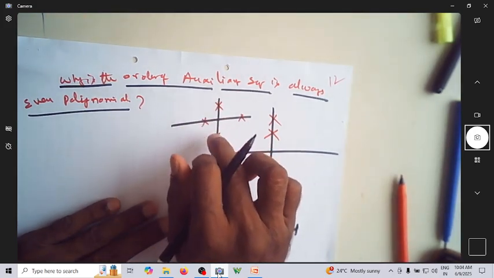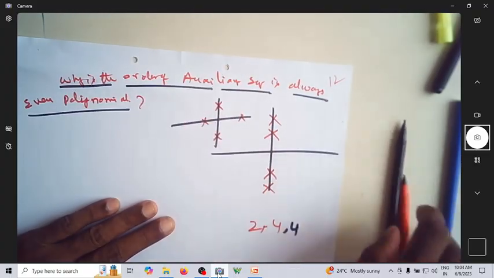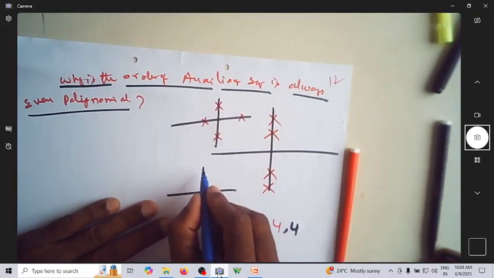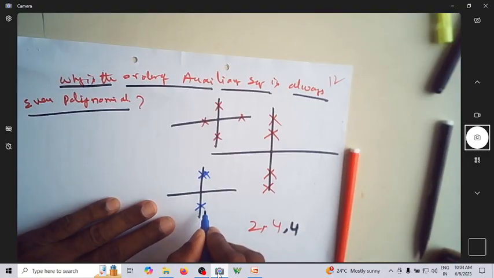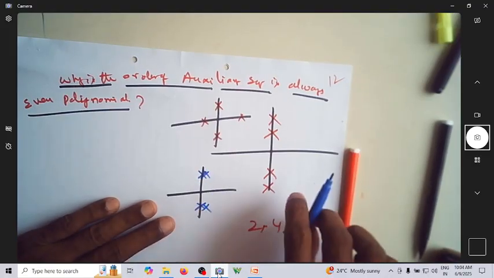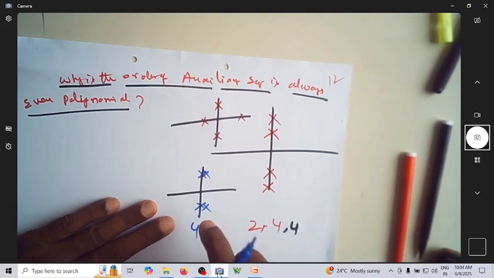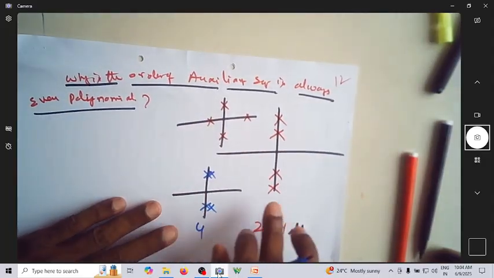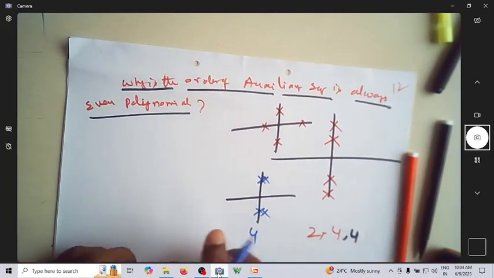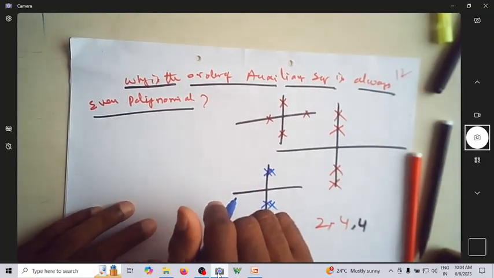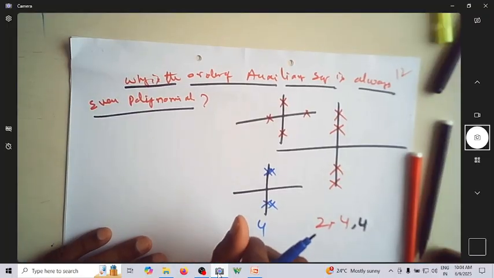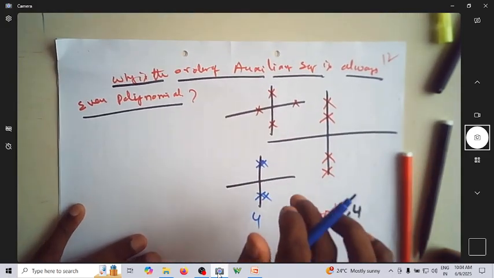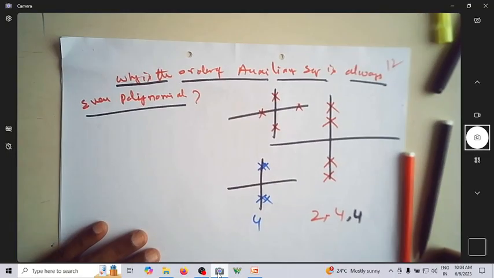These are the possibilities of the auxiliary equation. And you may have a special case where you have repeating poles over here. Can you see the repeating poles? Now this is also of order 4. See, this is 4, this is 2, this is 4, this is 4. All are even polynomials. So you will never end up with an auxiliary equation with an odd polynomial. These are the possible cases of the roots of the auxiliary equation.